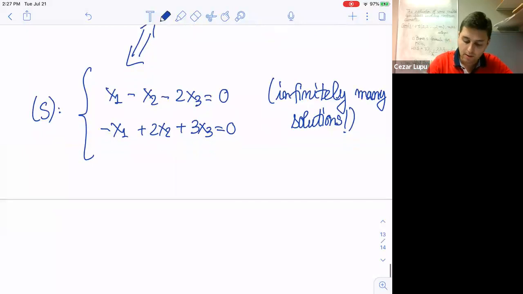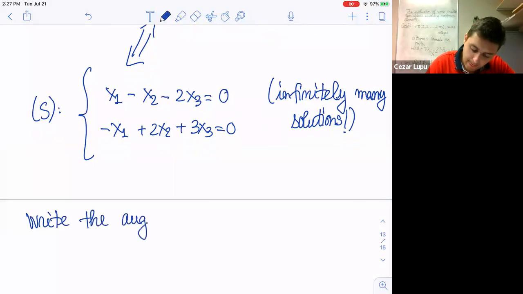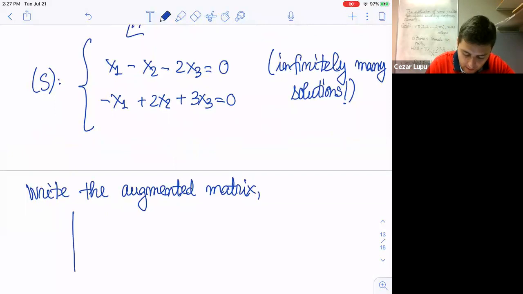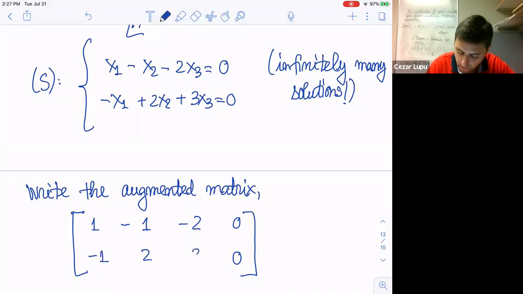Okay, now we write the augmented matrix. This will be 1, negative 1, negative 2, 0, and then negative 1, 2, 3, and 0, right?